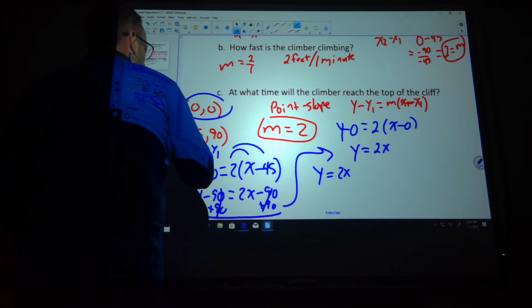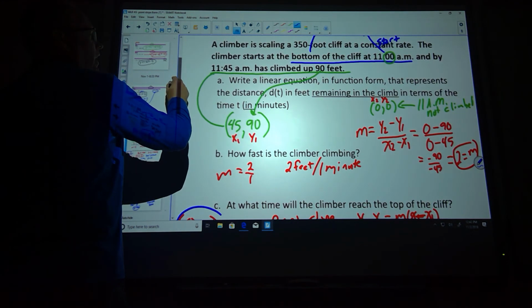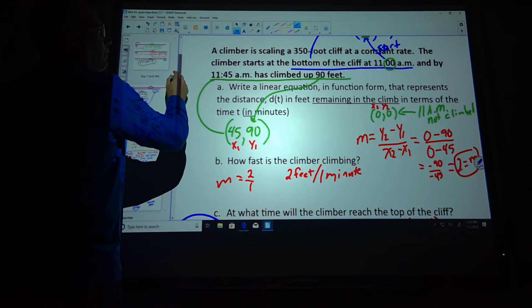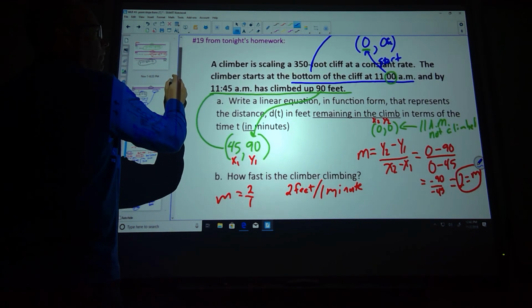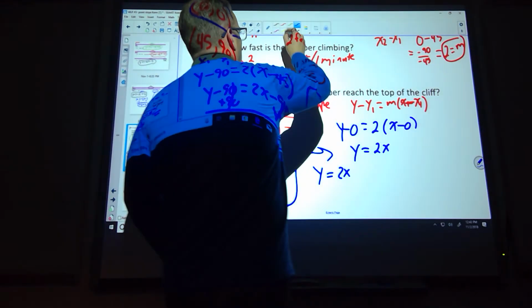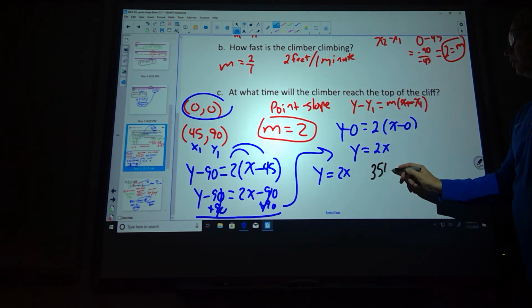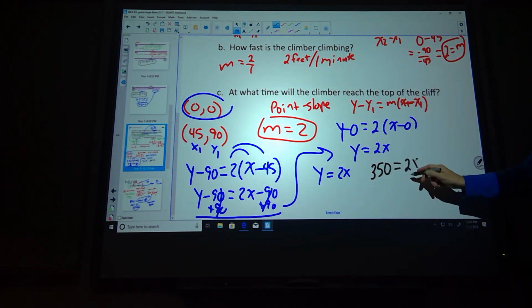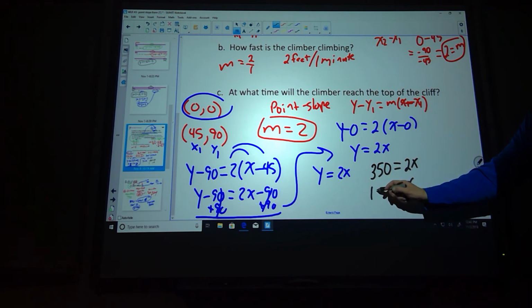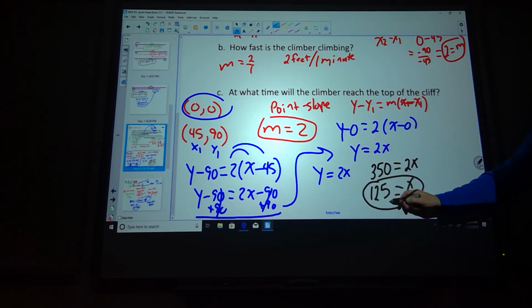All right, now last question says this. When does this guy reach the top of the cliff? How big is this cliff? 350. They told us in the beginning it was a 350-foot cliff, yes? 350 equals 2x. You still with me? So x equals 175. Hang on, 350 divided by 2 is 175 minutes after he started climbing.